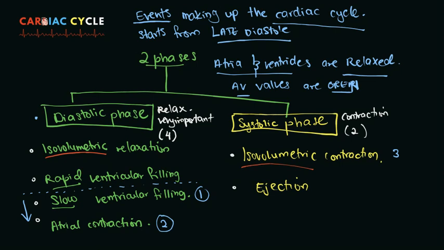Therefore, the cardiac cycle starts from slow ventricular filling, atrial contraction, then goes into the systolic phase where it continues into isovolumetric contraction, ejection, isovolumetric relaxation, and the last step of the cardiac cycle would be the rapid ventricular filling.